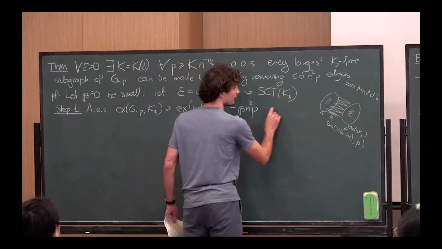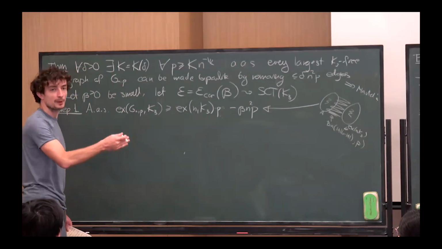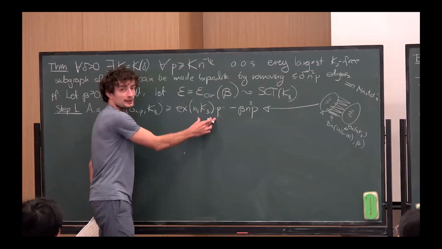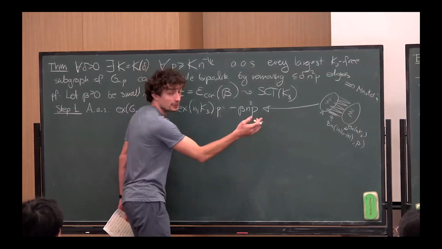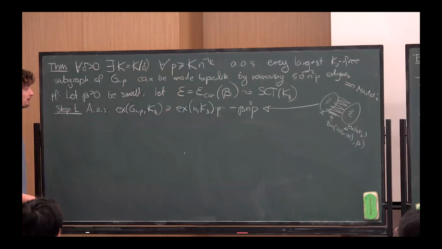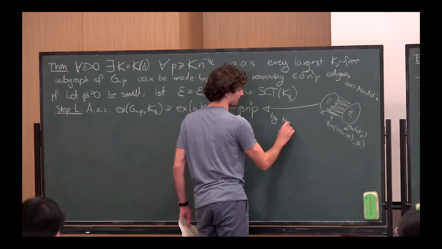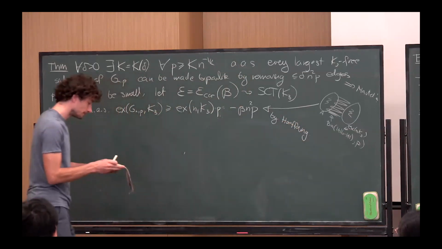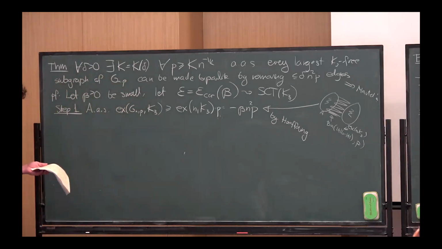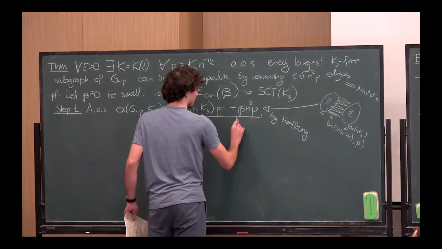And you can get this from that argument. You just choose the largest bipartition. This is the expected number of edges, this is the deviation, and you can prove that this holds with high probability. Let me denote it by m.